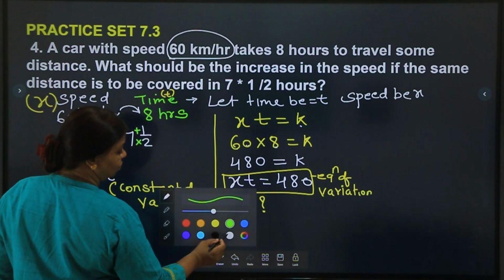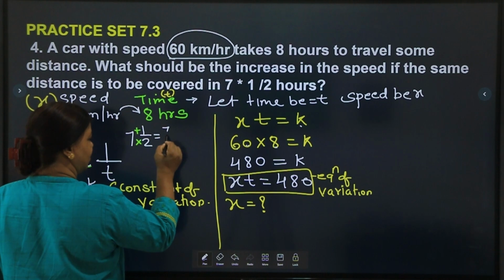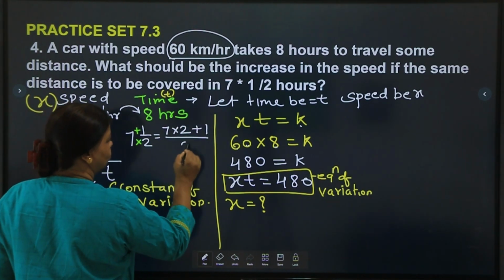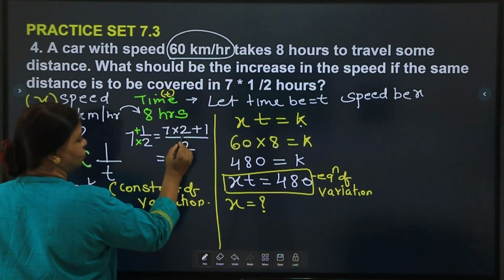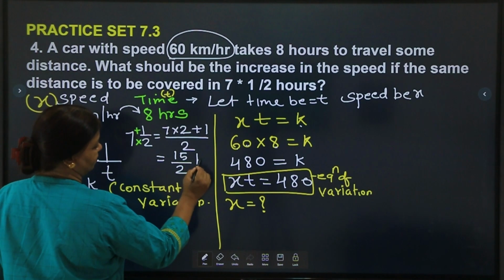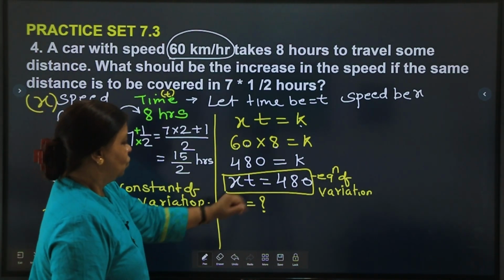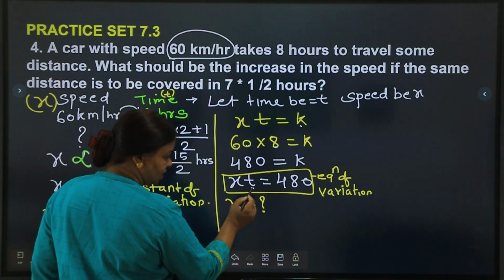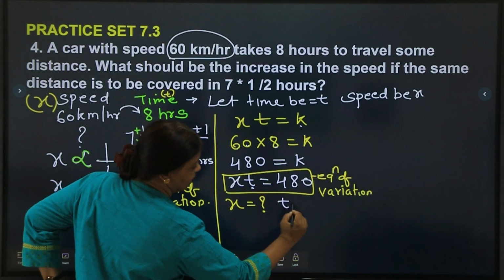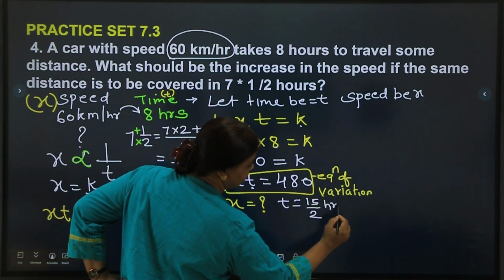So you will write like this: 7 into 2 plus 1 upon 2. That is 7 2s are 14 plus 1, 15 upon 2 hours. So time here is 15 upon 2. Let us place the value.